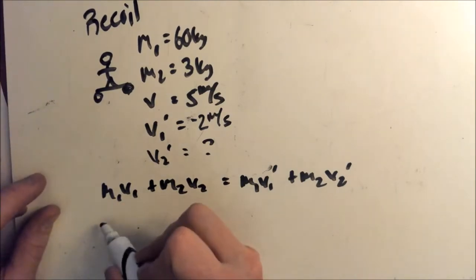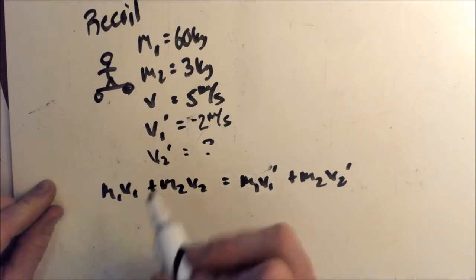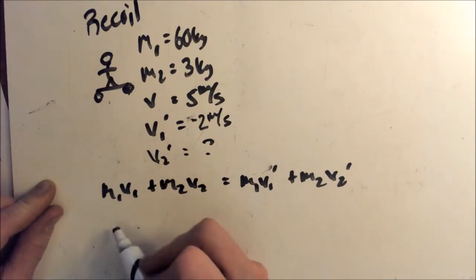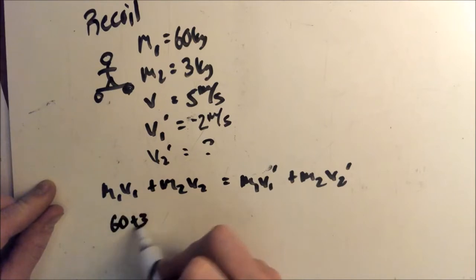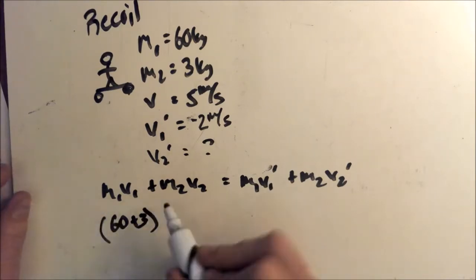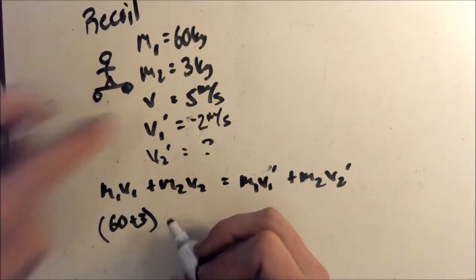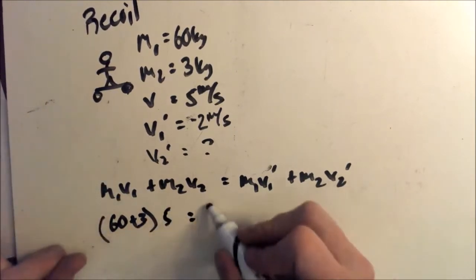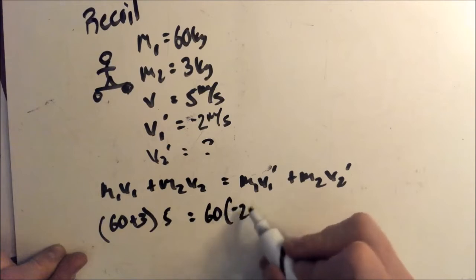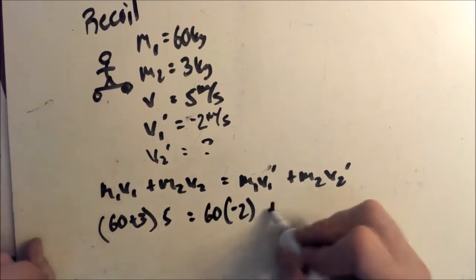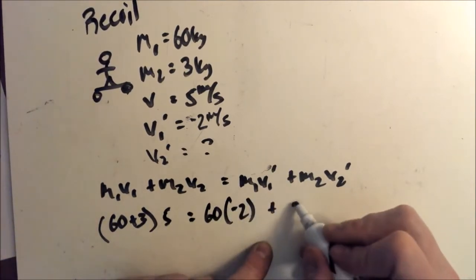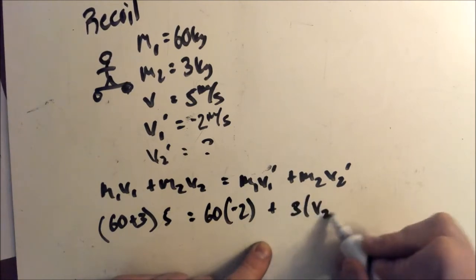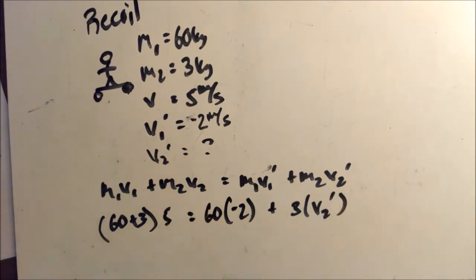So we have m1 60 plus 3, the two masses, multiplied by our initial velocity, 5, is equal to our mass, 60 multiplied by -2, his second velocity, plus 3 kilograms multiplied by whatever our v2 prime is. We don't know our v2 prime. That leaves us with exactly one unknown.